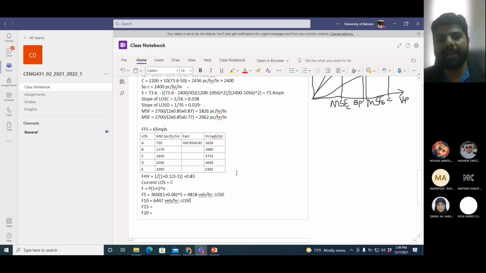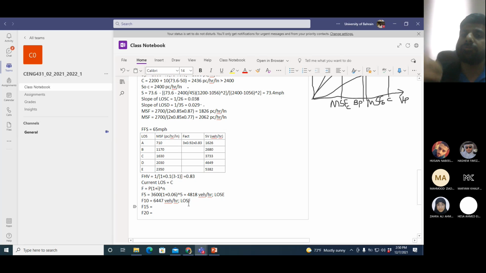Okay, and this is why I asked you to stop calculating for 15 and 20 years, because since the traffic keeps on increasing, the level of service will not change. It will remain F. Anything after E is F. Whatever you calculate for 15 years and 20 years will be more than the volume for E, more than 5382, because it already became more than the volume for E after 10 years.